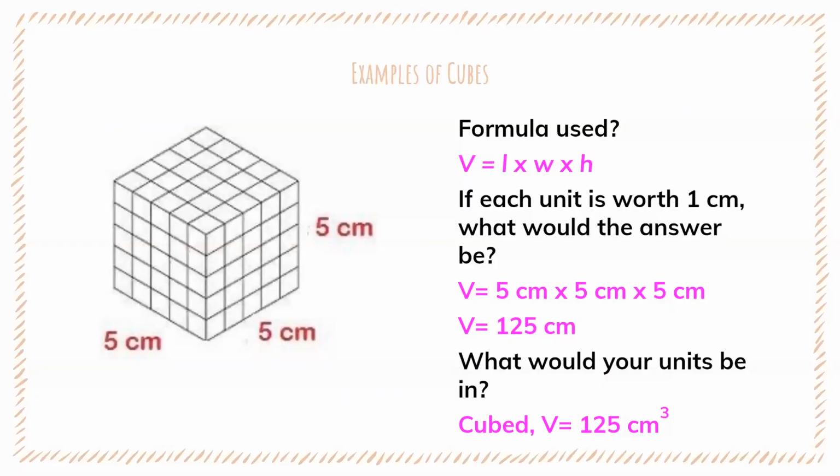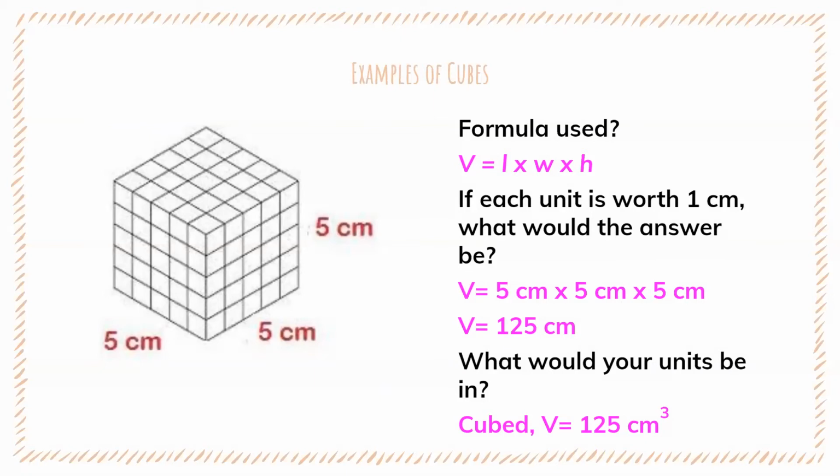All right, so the formula that we use for this is volume equals length times width times height. And then, if each unit was worth 1 centimeter, what would the answer be? I have volume equals 5 centimeters times 5 centimeters times 5 centimeters, representing our length, our width, and our height.